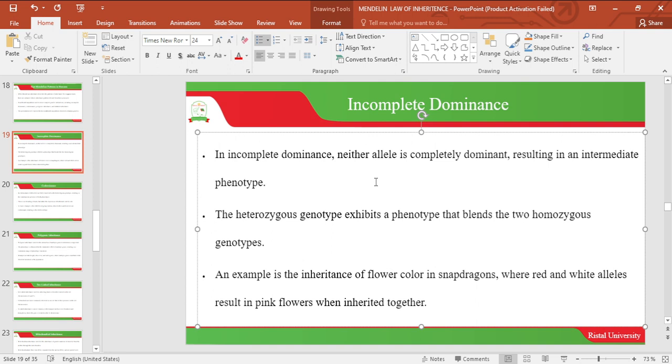An example is the inheritance of flower color in snapdragons, where red and white alleles result in pink flowers when inherited together.